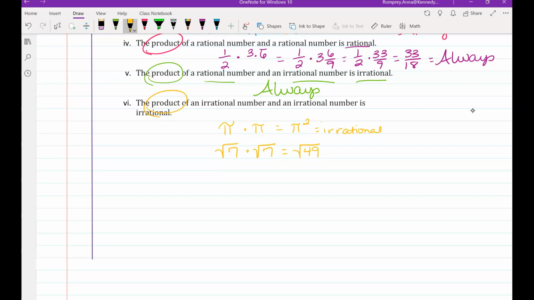What's the square root of 49? 7. Is 7 irrational? Absolutely not. So, this one we're ending up with something rational. So finally, we have something that's not always. This is definitely a sometimes.